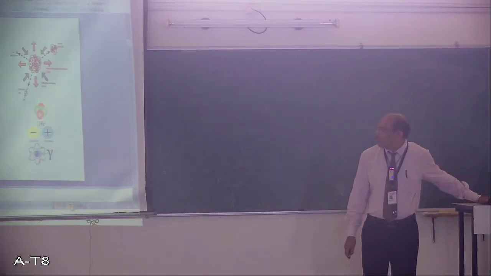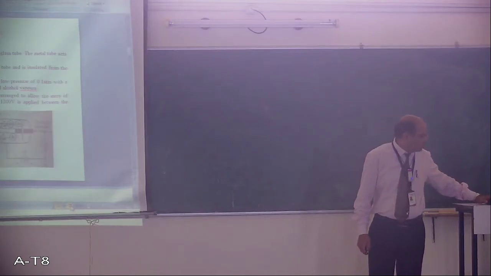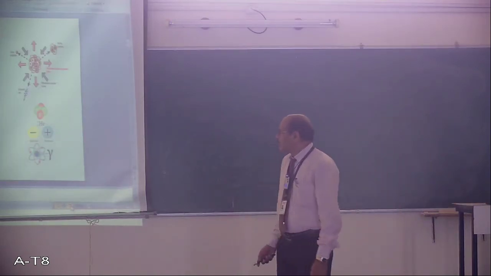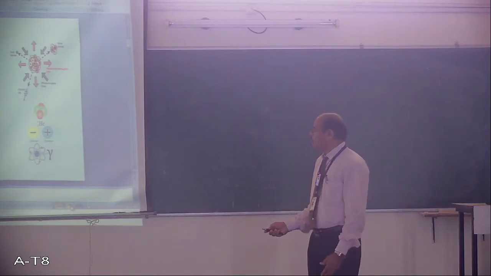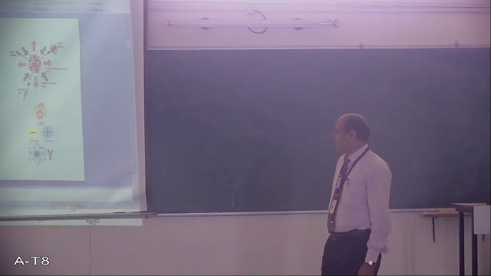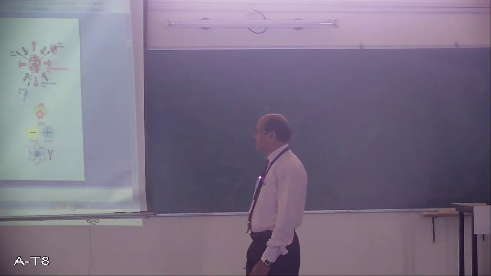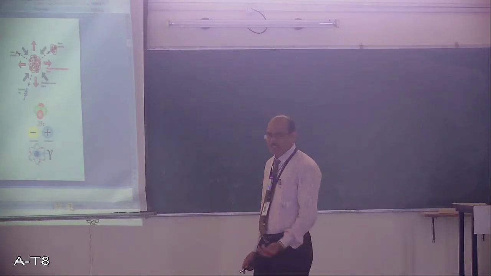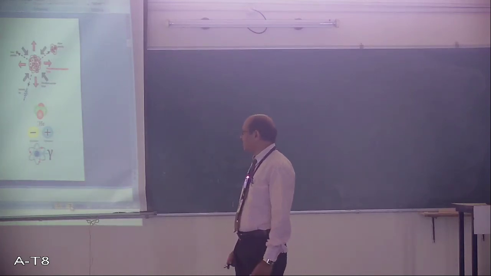So now, how to count the particles? It means there are a variety of instruments which have been developed for the purpose of counting these particles, alpha particles, beta particles, gamma particles.